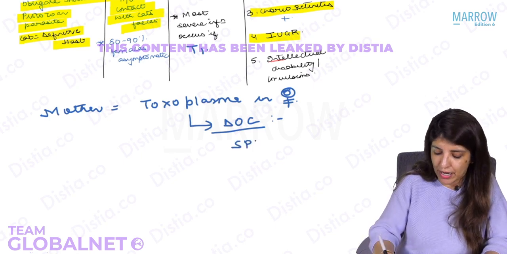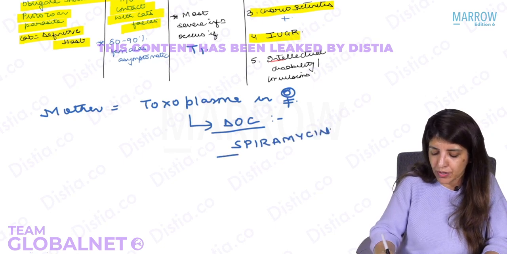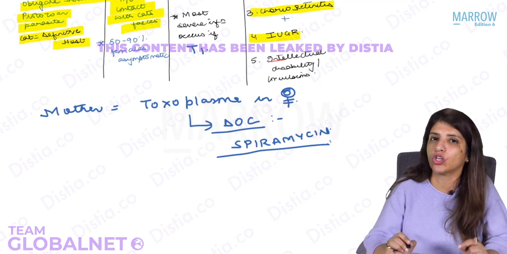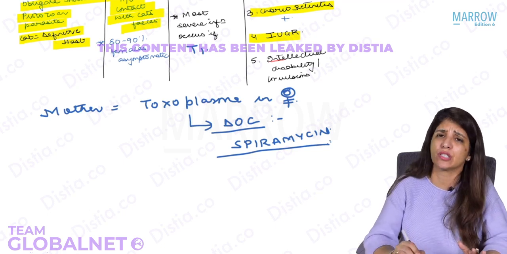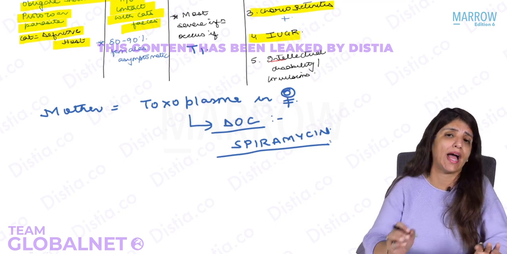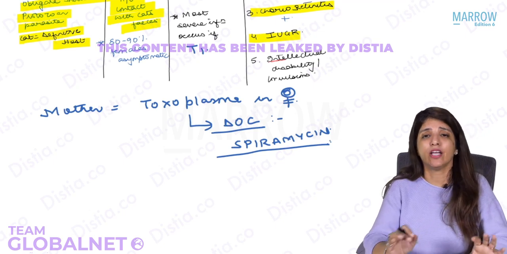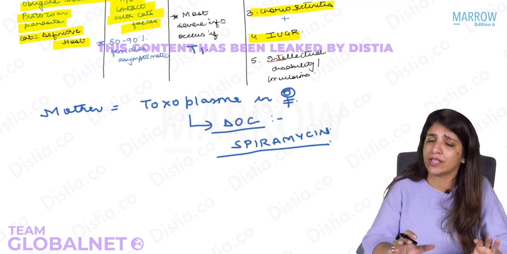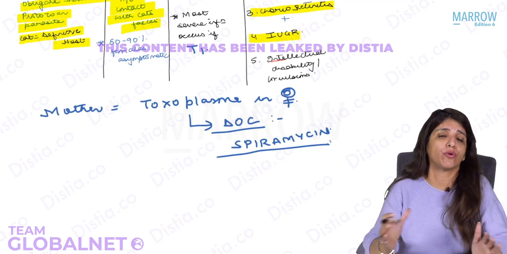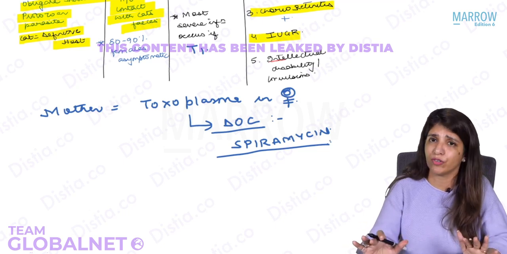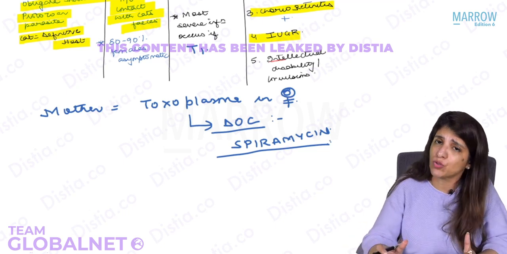It is spiramycin. But please remember, spiramycin cannot cross the placenta. And again, diagnosis is based on IgM, IgG and avidity tests. And if you get these positive, if you get that yes, recent infection is present, you are going to do amniocentesis. That is common for everywhere. You are going to get an amniocentesis done.